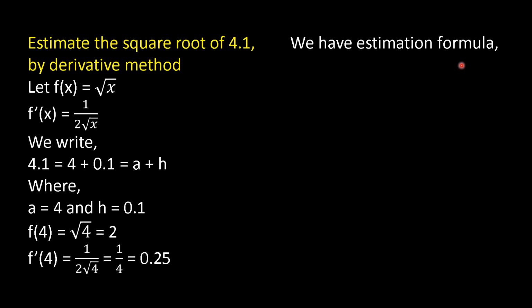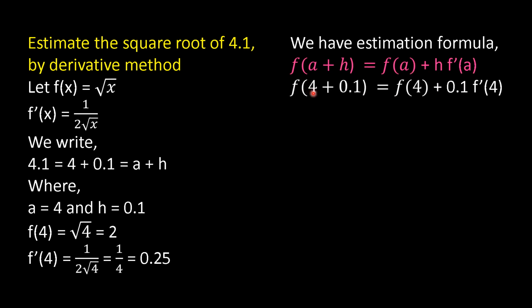We have the estimation formula f of a plus h equals f(a) plus h f dash a, that is f of 4 plus 0.1 equals f(4) plus 0.1 f dash 4.